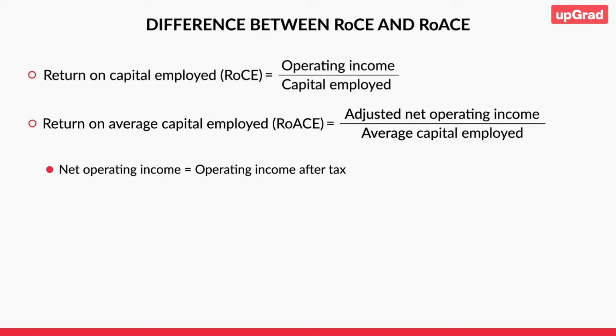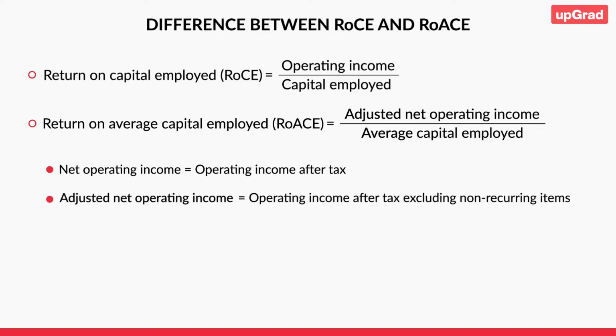The second adaptation they do at the numerator is they take an adjusted net operating income. Adjusted means excluding the non-recurring items, excluding the exceptional gains and the exceptional losses. So basically they show a performance that we can judge to be sustainable over the long run.